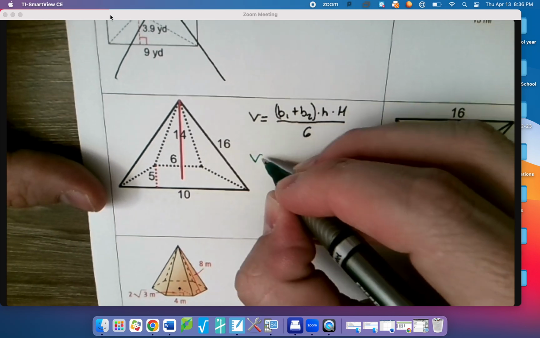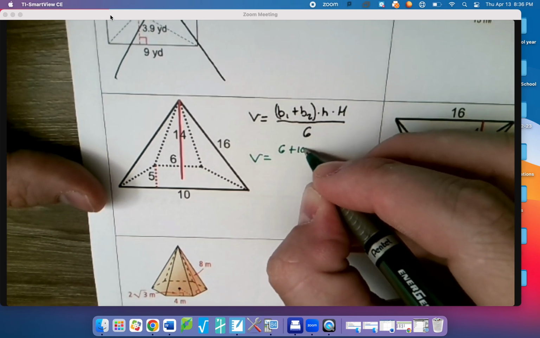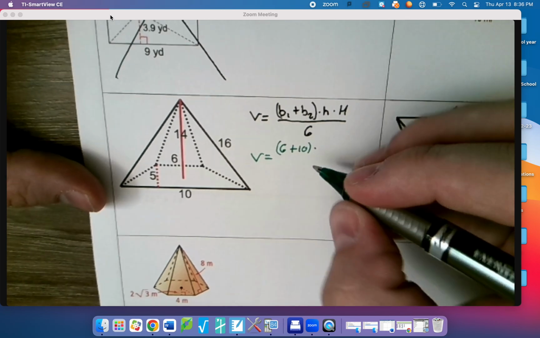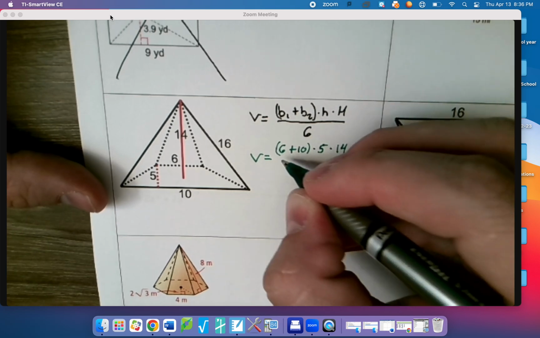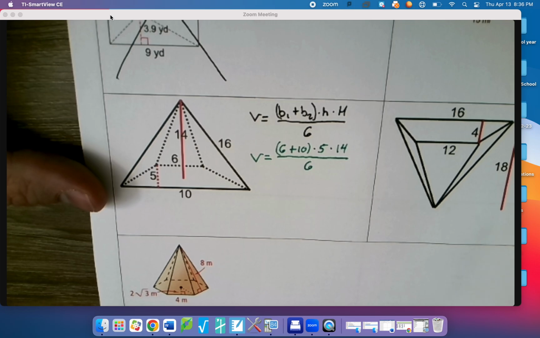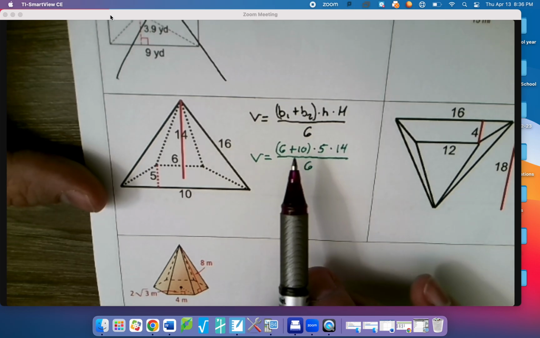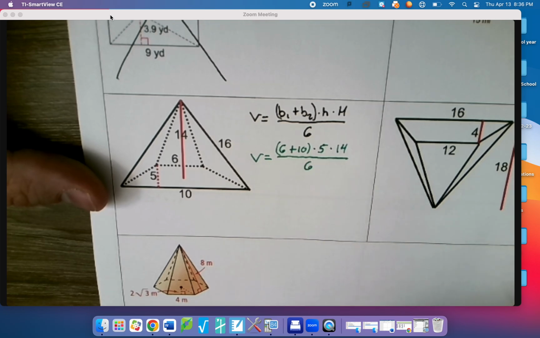The bases of our prisms, 6 plus 10 times the little height 5 times the big height of 14. We have to divide all that by 6. Because this has to happen first, we can't cancel that 6 and that 6 at all. The addition goes first.